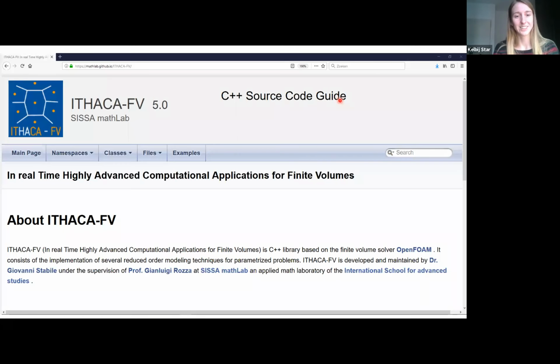For those interested in doing this yourself, I also worked with another group called CISA Advanced Lab, an Italian group in Trieste. They're developing, and I'm contributing to the development of, ITHACA-FV, which stands for In real-Time Highly Advanced Computational Applications for Finite Volumes.